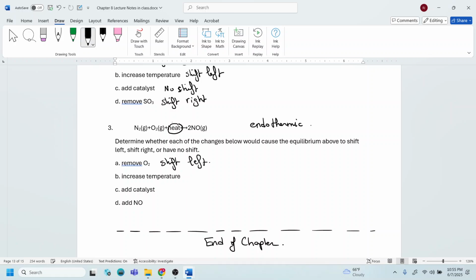You're increasing the temperature, so raise your left hand, then your direction of equilibrium is going to shift to the right. Add a catalyst, there will be no shift. And if we add the nitrogen monoxide, NO is in the products. So I want you to raise your right hand. Your direction of equilibrium is going to shift to the left.